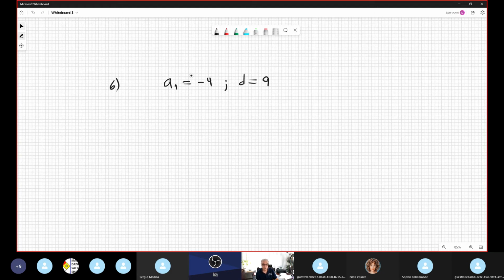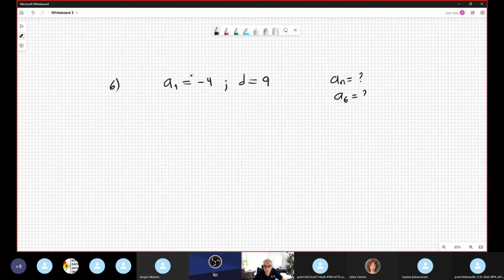Now, since the common difference is positive, our arithmetic sequence is going up, it's ascending, increasing, right? The important thing is that I need to find a sub n expression, implicit, and specific a sub 6.